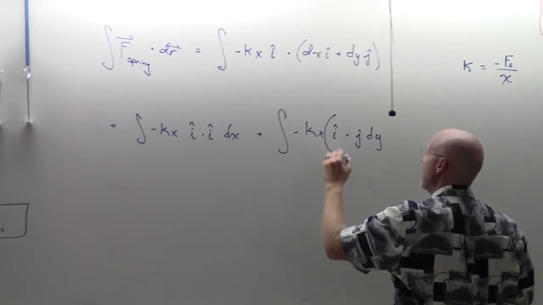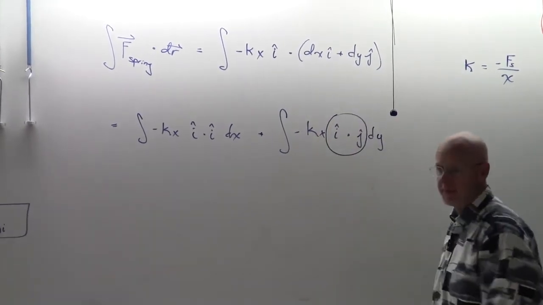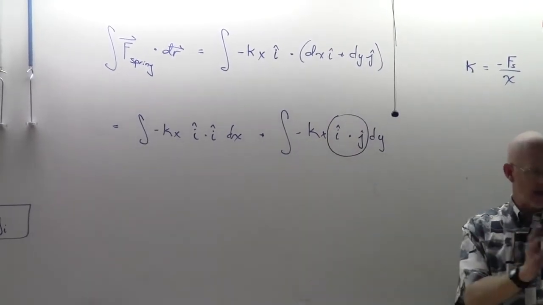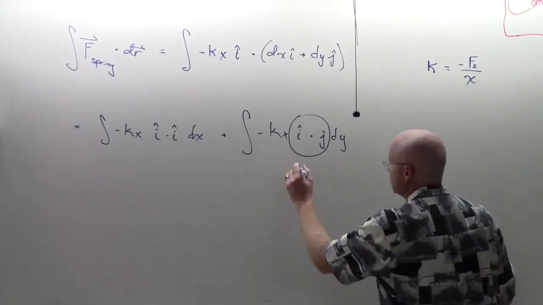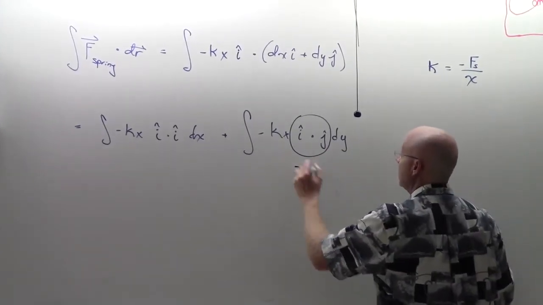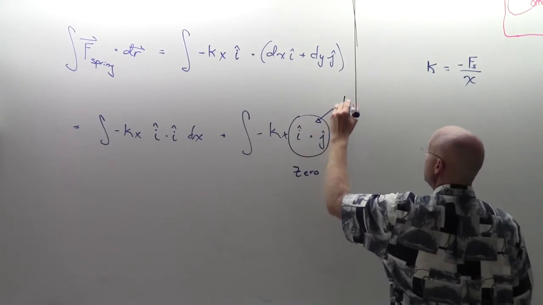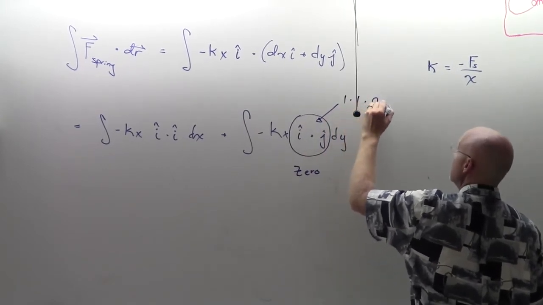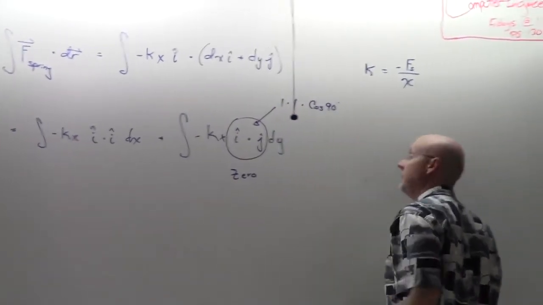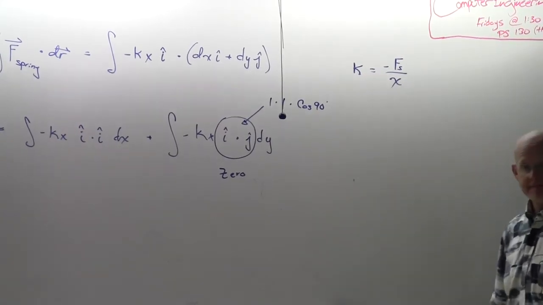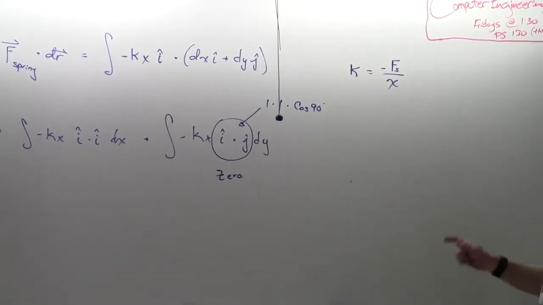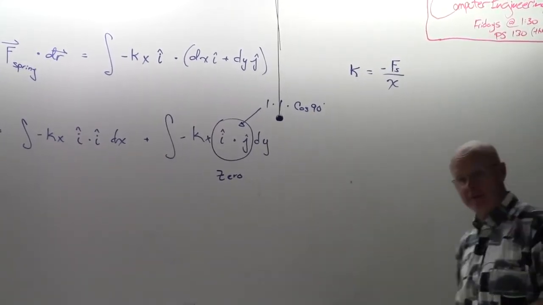And what's this right there? Yeah, that's the same discussion we had a few moments ago. That is 0. That's because it's the magnitude of the first times the magnitude of the second times the cosine of the angle between them. And so that's going to be 0. And that hopefully makes sense, right?